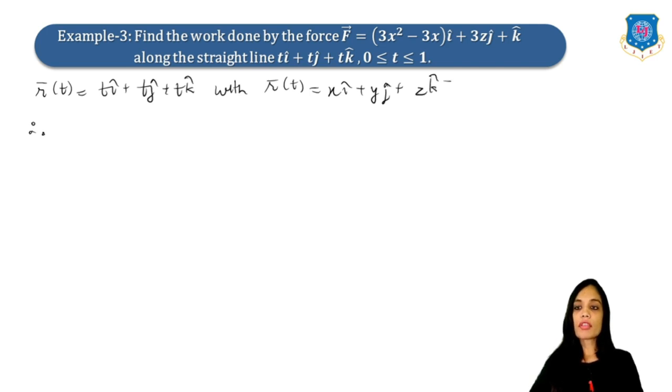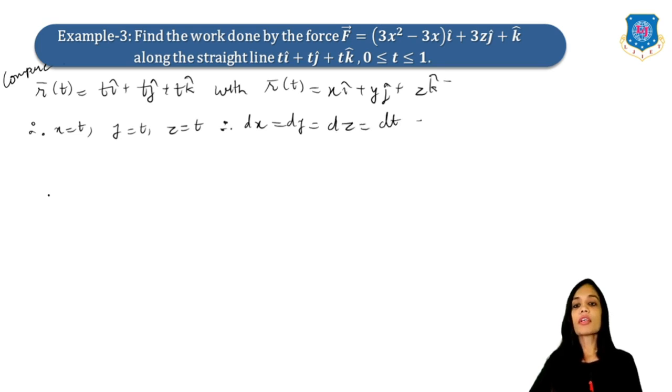So from this you can say that x is equals to what? t. y is also t, z is also t. Therefore your dx is equals to dy is equals to dz will be what? dt. Right?